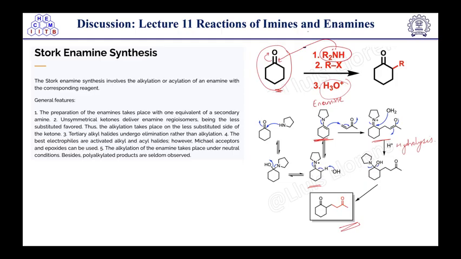And instead of RX here we have MVK. In other cases we get alkyl halides, and alkyl halides react the same way, but here we have MVK, methyl vinyl ketone.